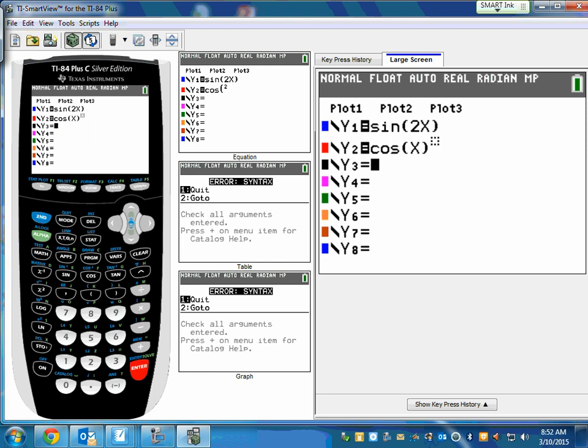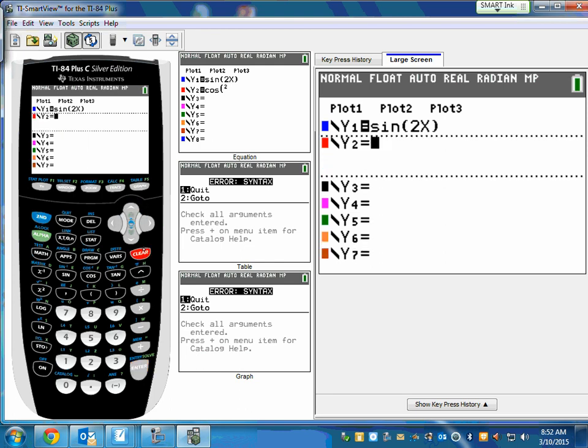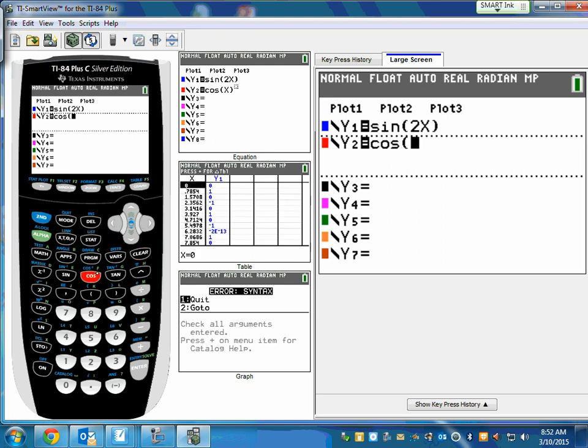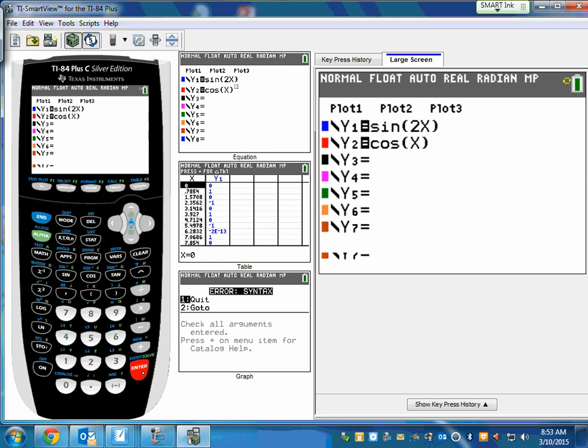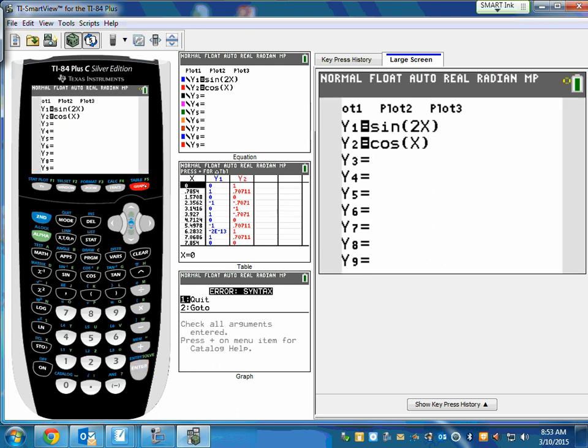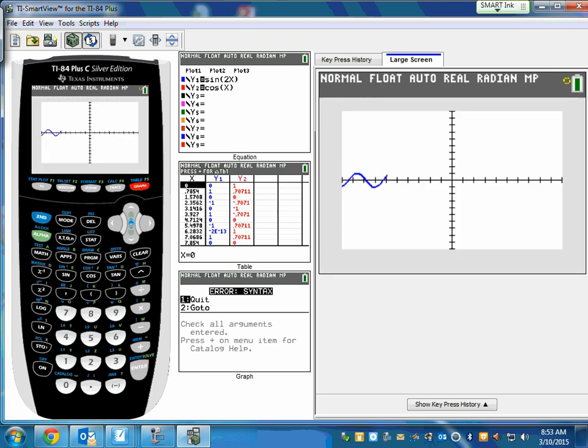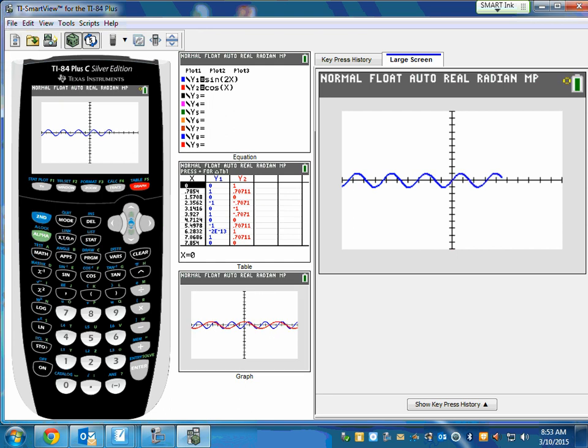Oh, it says error because of this stupid thing. Alright, we're just going to hit this. So, cosine 2x. I feel like that old person, like the new technology, I don't know how to use it. That's how I feel about this. It annoys me with the Xbox stuff too. If I graph this, I didn't even change my window. Oh, look how lovely this is. And then there comes good old cosine.